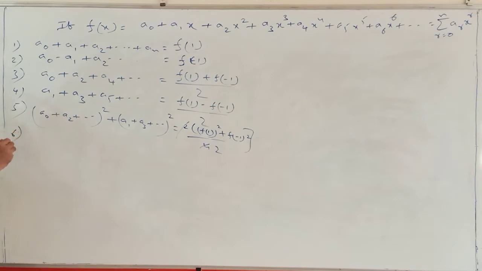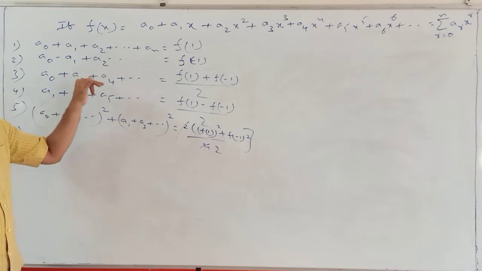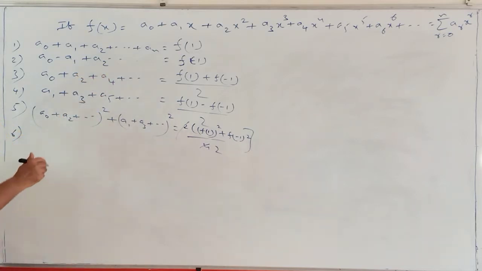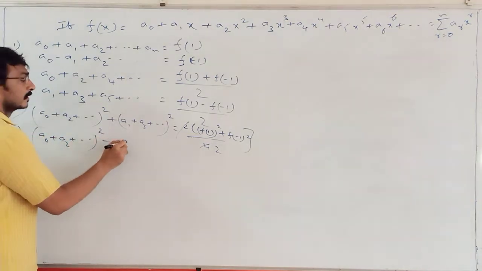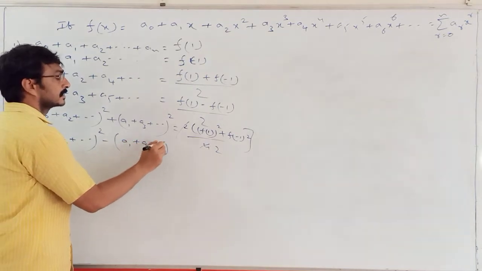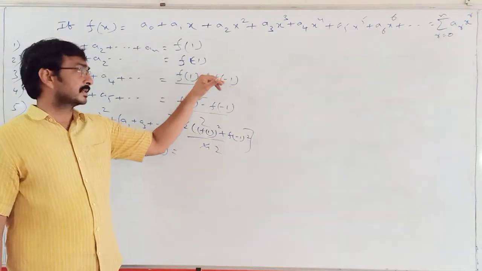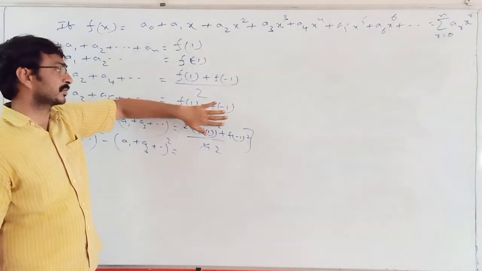Similarly, the difference of the squares of these two: (a0 plus a2 and so on) whole square minus (a1 plus a3 and so on) whole square equals the difference of the square of this one minus the square of this one.